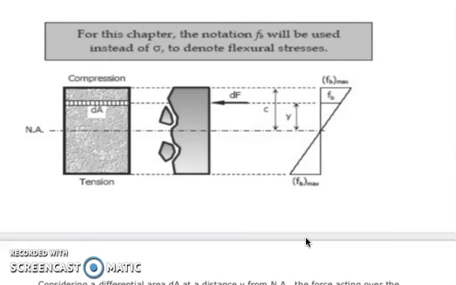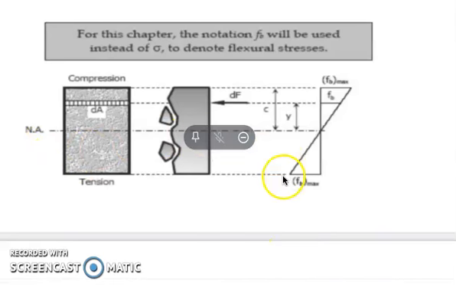We have here an illustration for a certain material that is in tension and in compression. We have here the neutral axis, and a fiber. This is the diagram showing us the flexural stresses. We have the flexural stress, and at the bottom part and in the top part we have our maximum flexural stresses.